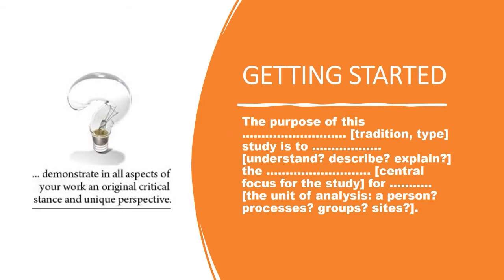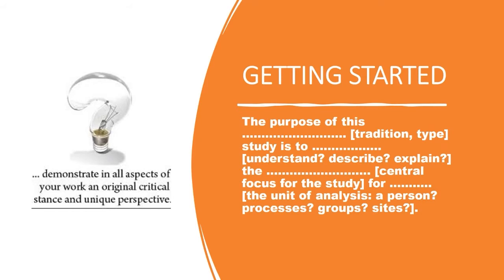Here's a tip for when you write your quantitative study, how to put it all together. You can write it like this. You can say the purpose of this, and then you give the tradition. The purpose of this quantitative study is to understand, describe, or explain, and then, what is that central phenomenon of your study?